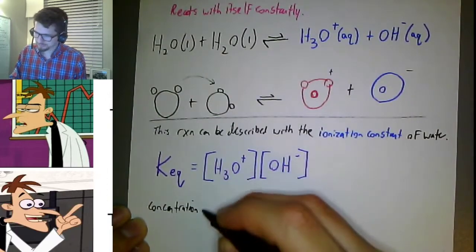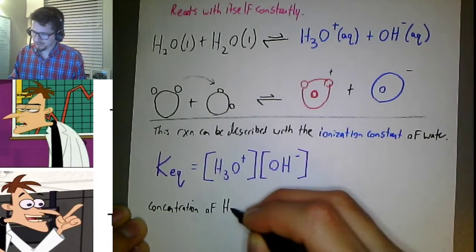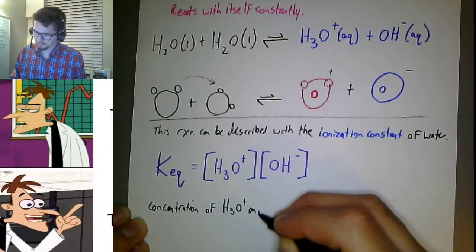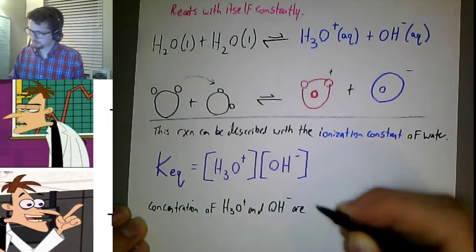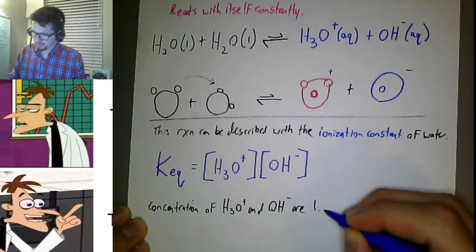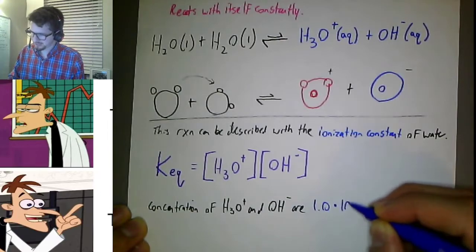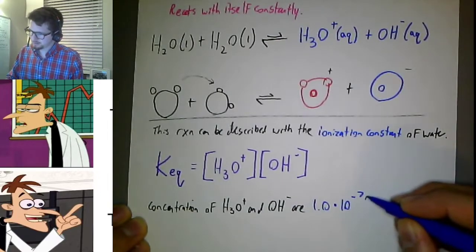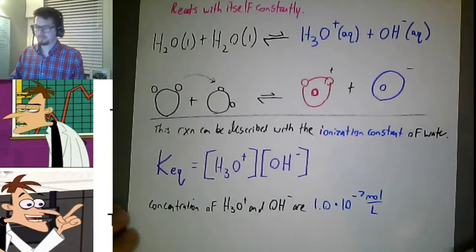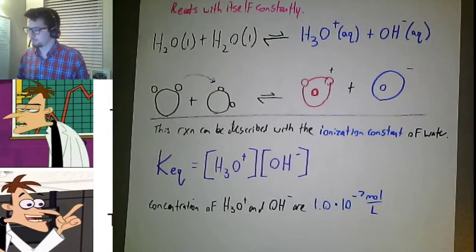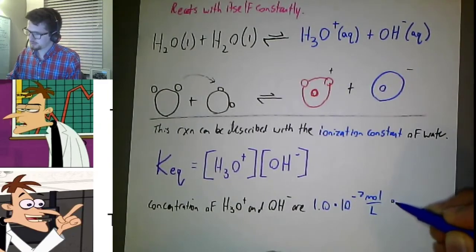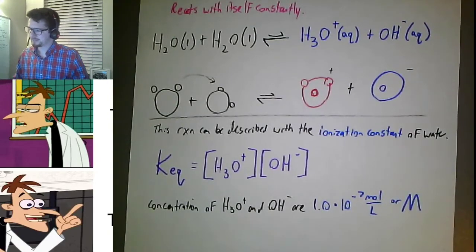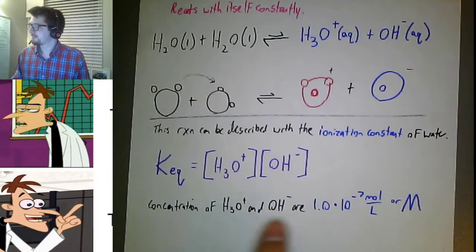The concentration of hydronium and hydroxide are 1.0 times 10 to the negative 7 moles per liter. And what's moles per liter? Molar. So you could also write this with a capital M. Usually it'll be in capital M. That's the concentration of our pieces.